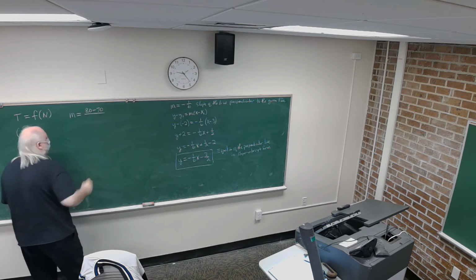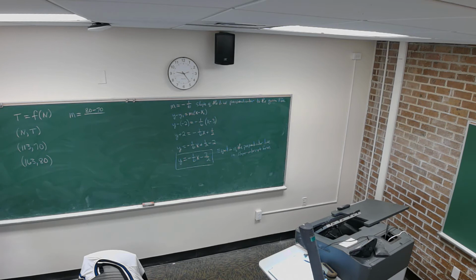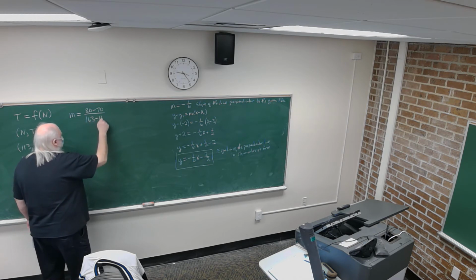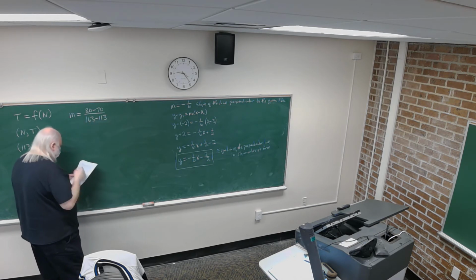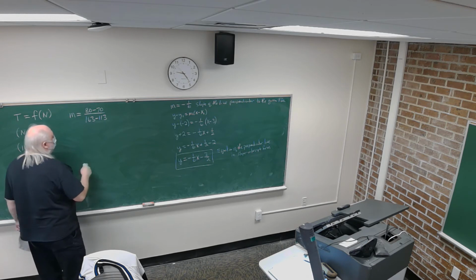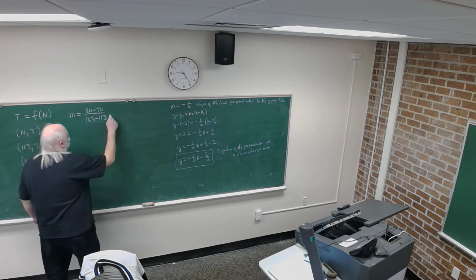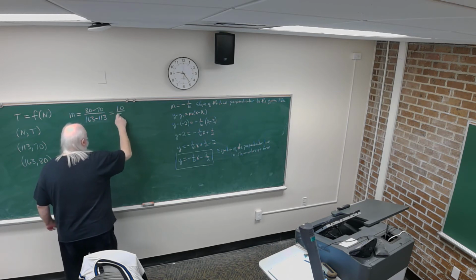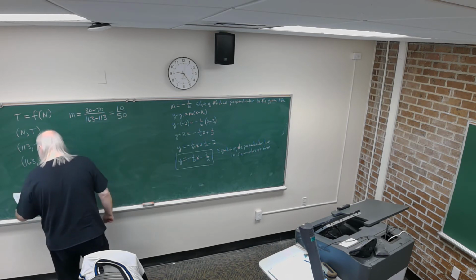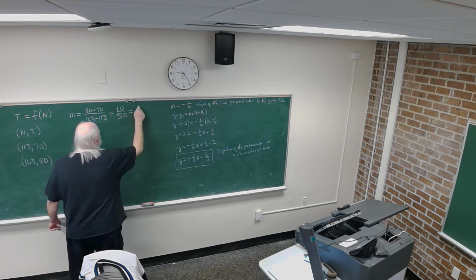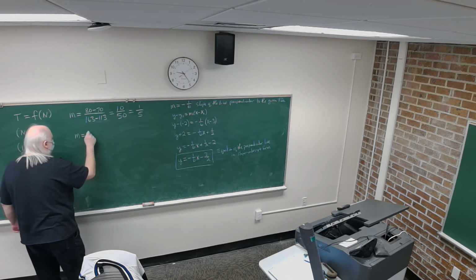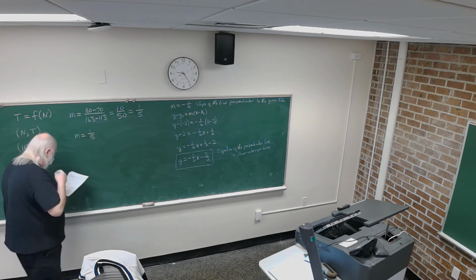Change in y is 80 minus 70, and change in x is 163 minus 113, which simplifies to 10 over 50, which simplifies to 1/5. So the slope m is equal to 1/5.